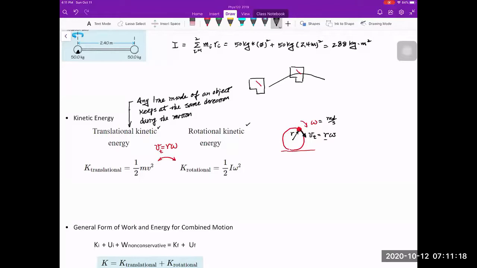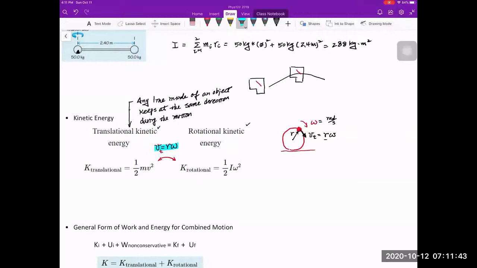So this is a very important equation. You have to know that the tangential velocity is equal to r, which is the distance away from the center of the axis of rotation, times omega, which is the angular speed or angular velocity.